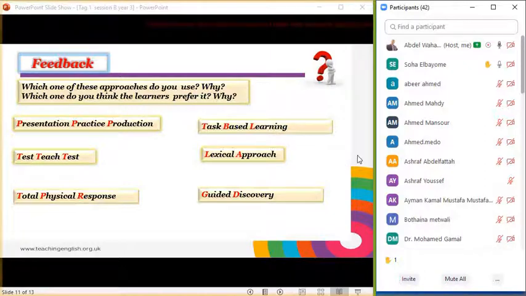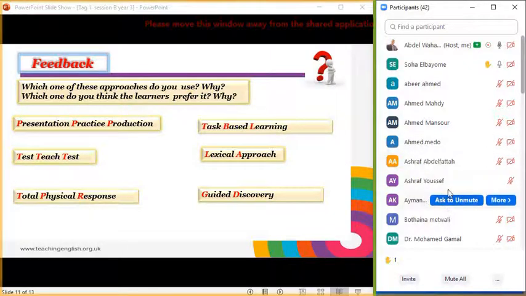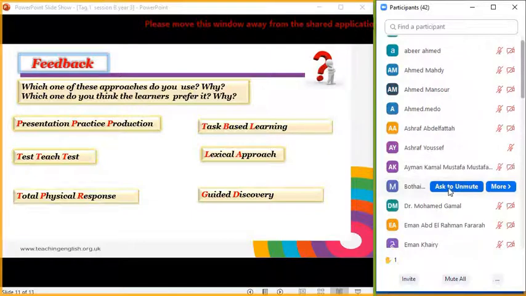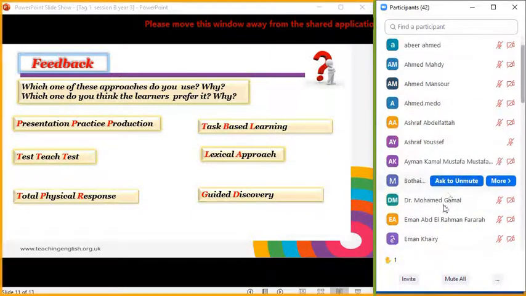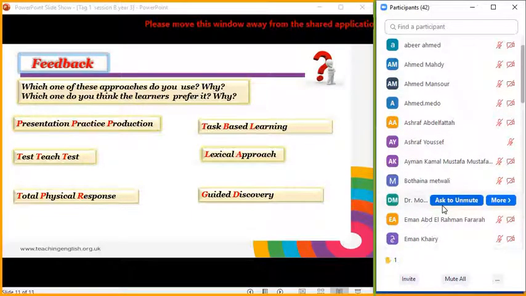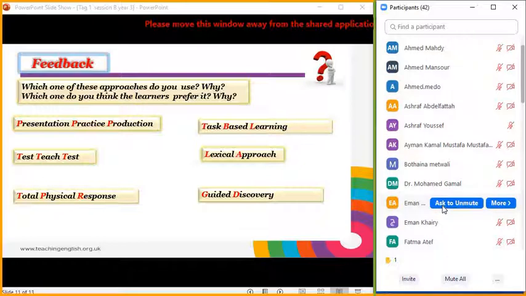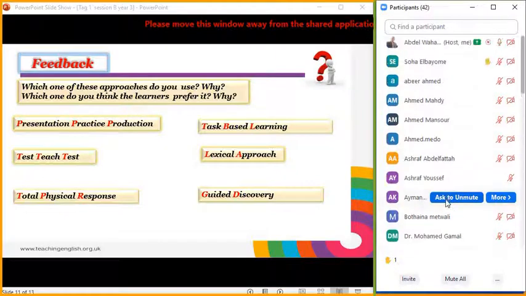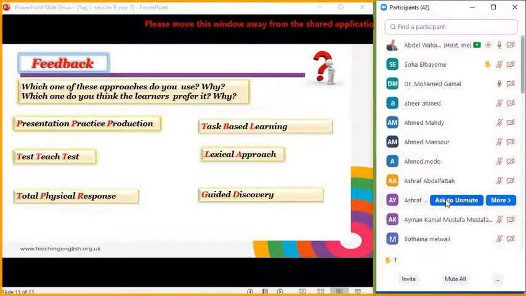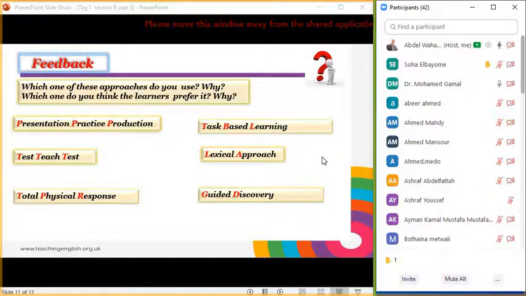Another participant, another one who can give us his or her idea. Dr. Muhammad Gamal, can you give us your idea? Miss Busaina Mitwalli, can you give us your idea? Who wants to speak? Dr. Muhammad, in your opinion, which one do you think is preferable for you and for your learners?